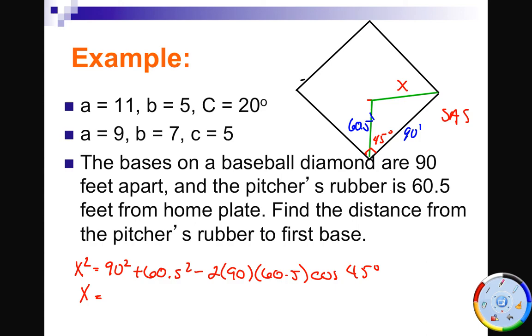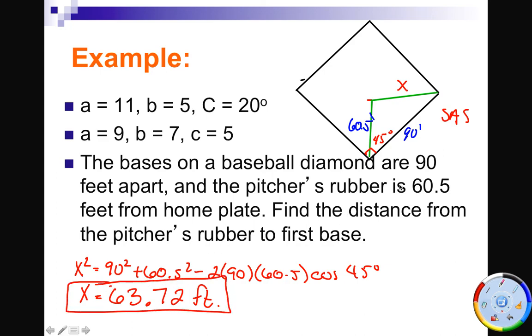Let's just do 90 squared plus 60.5 squared minus 2 times 90. And I get 63.72 feet. Not that hard of a word problem, but people just want to believe what they want to believe. This pitcher's mound is not dead center of your baseball field, and you can go look at a real baseball field if you don't believe me.